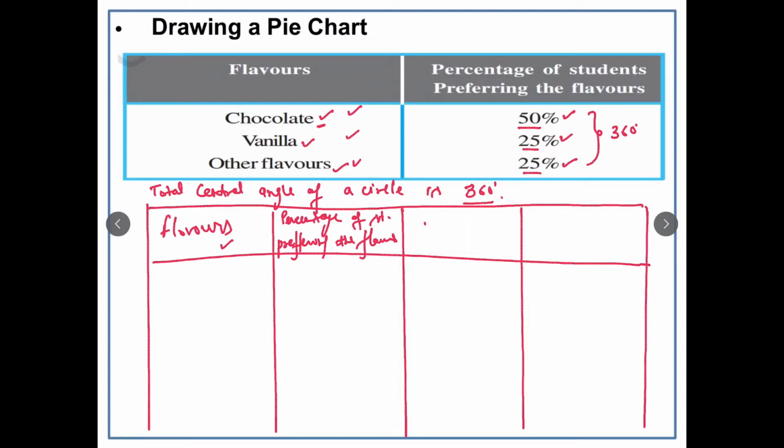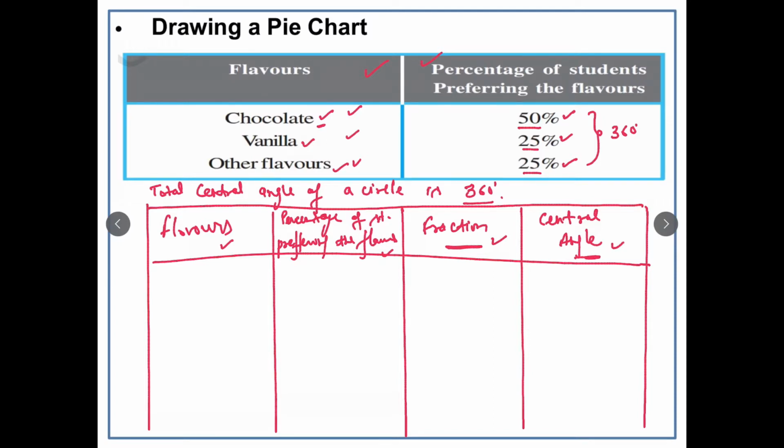These two columns are the given information that we have in this table. Third one will always be a fraction, and fourth one will be the central angle. These remaining two are fixed.